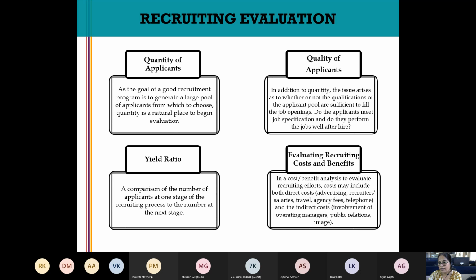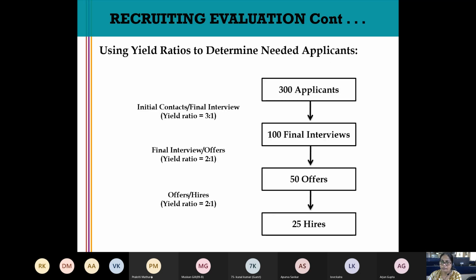Yield ratio: you have to compare various sources, how many yielded from campus recruitment, how many from job portals, etc. And evaluating the cost benefit: how much money you have spent on a particular sourcing method, and how many of the best possible people you could select. This recruitment evaluation always has to be done. I hope you remember this activity from when you learned HRM.